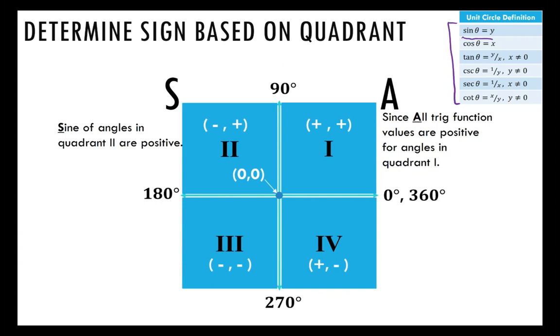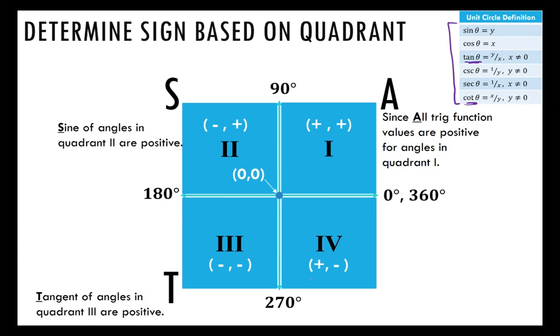Then, in quadrant 3, both of them being negative, that means that sine is negative, cosine is negative, but tangent, being the division of two negative numbers, is going to give you a positive. So we say that tangent of angles in quadrant 3 is positive, and because of the relationship between tangent and cotangent, anytime tangent is positive, cotangent is also positive.